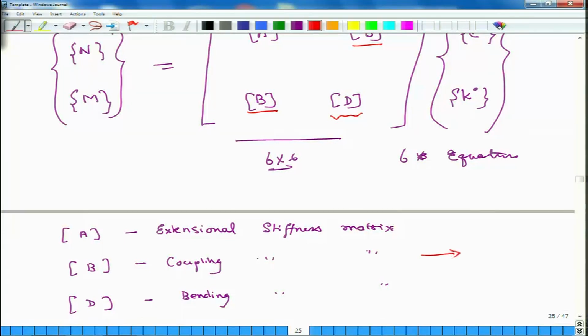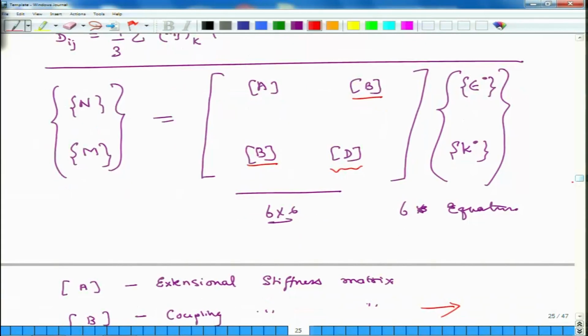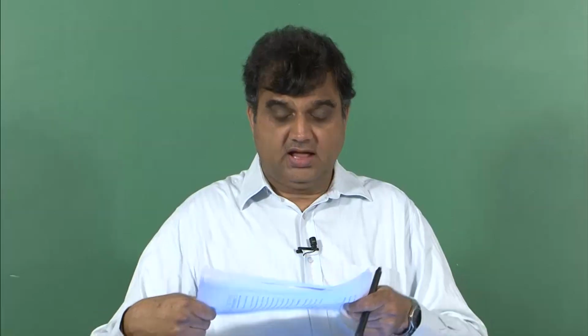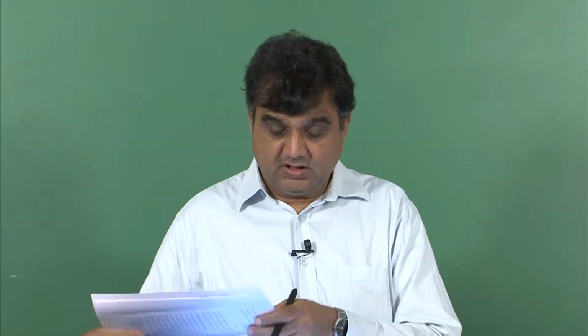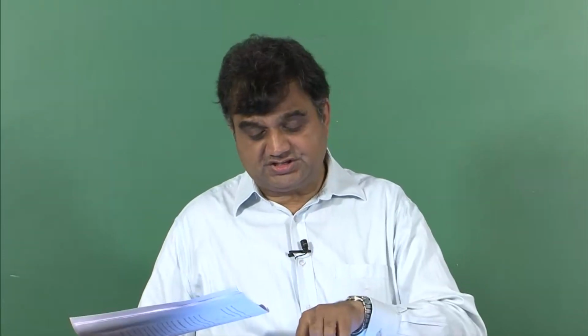And the B matrix is a strange creature, it is a coupling matrix, and what it tells us is that if I have a plate and I am just trying to stretch it, and if the B matrix is not 0, then the material will not only get stretched, but it will also bend.